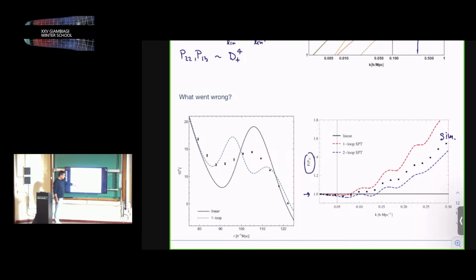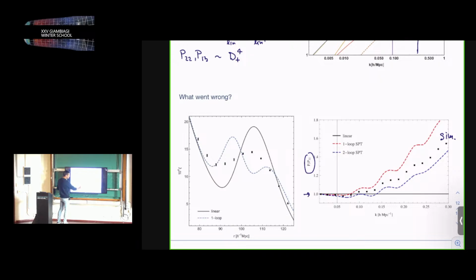The black solid line is the linear theory. I told you yesterday that this is the baryon acoustic peak. This is the feature, a single peak, which is a Fourier transform of the BAO wiggles in the power spectrum. And you can see that the linear theory acoustic feature gets broadened in the nonlinear solution.